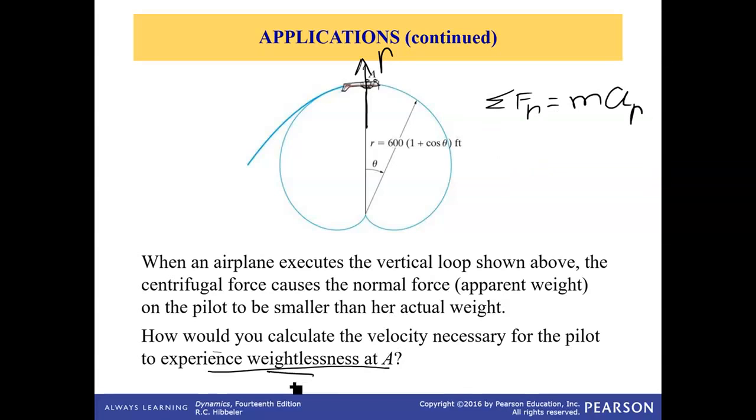Weightlessness happens when there is no contact between the body of the pilot and the seat supporting her. So the normal force will be 0 for weightlessness. It's the same as in an amusement ride, when at some point you feel that you are being lifted off the seat.